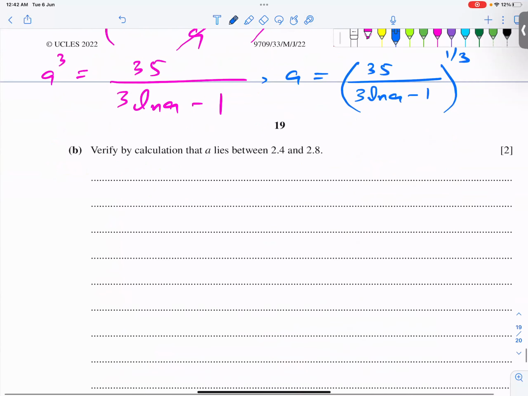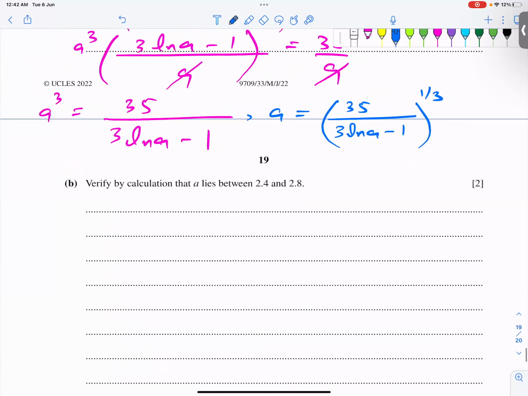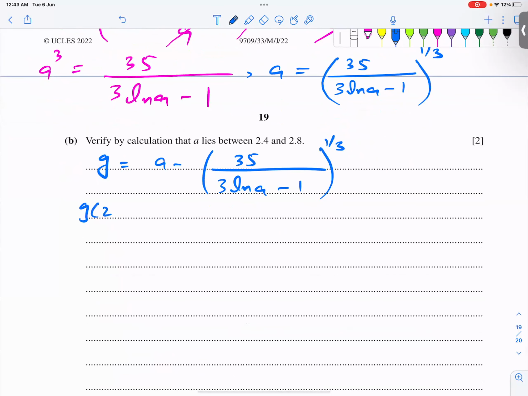It is verified by calculation that a lies between 2.4 and 2.8. These type of questions we have done. We can equate g equals a minus 35 over 3 ln of a minus 1 whole power 1 by 3. Okay. Now put 2.4 in this and then 2.8.